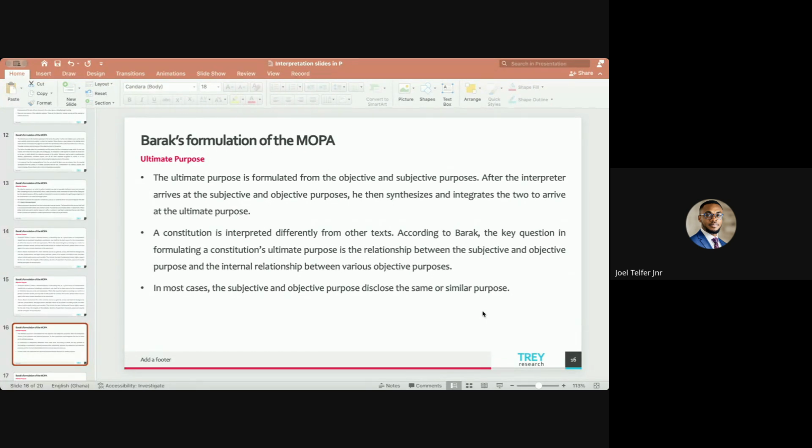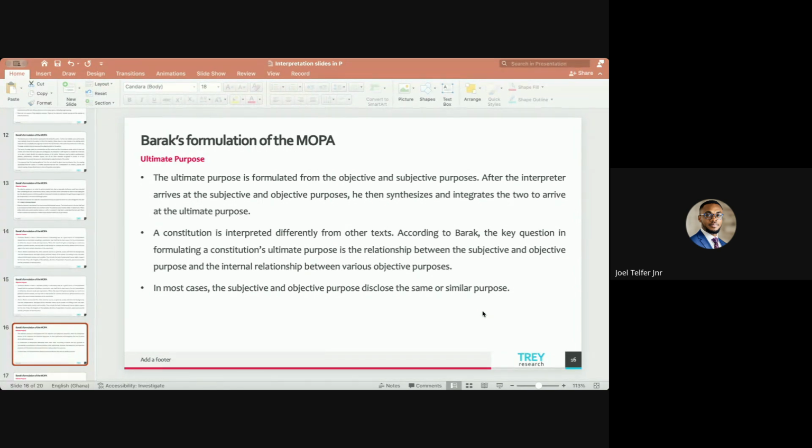You can better understand that when you look to the ordinary words of the text itself. Or in a situation where the text leads to a manifest absurdity, look to other materials such as legislative antecedents and extraneous sources that will help you determine the subjective purpose. So, what was his reason for passing the law at the time of passing the law? That is the subjective purpose.